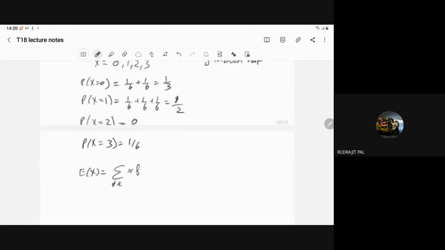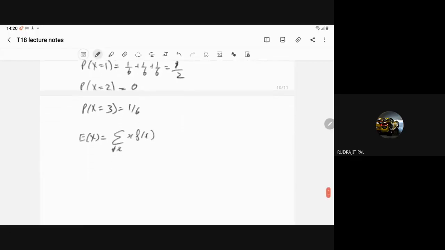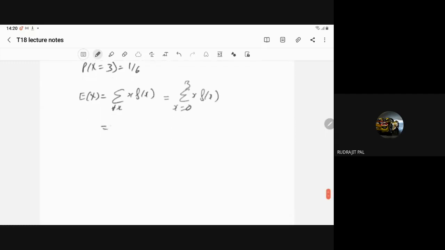The expectation is the sum of x into f(x), where x goes from 0 to 3. So it will give you 0 into f0 plus 1 into f1 plus 2 into f2 plus 3 into f3.